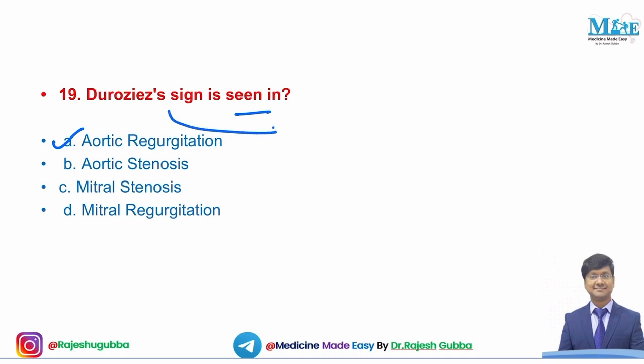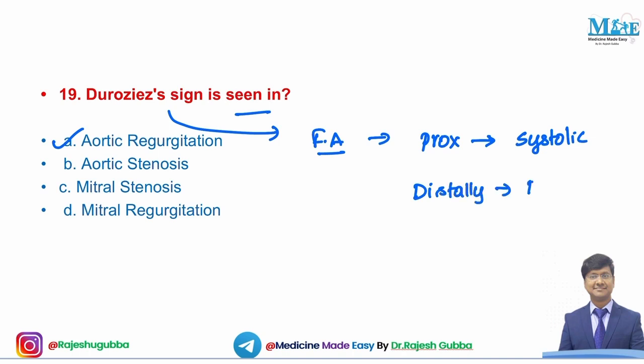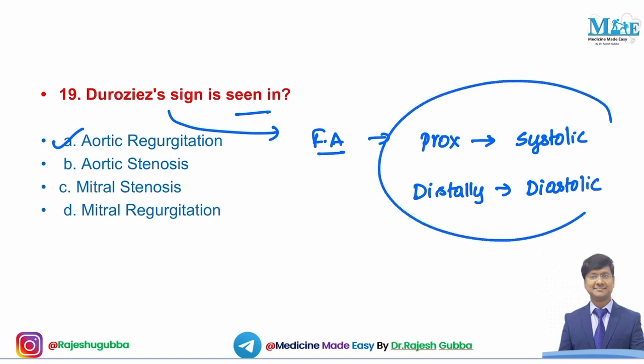What you need to do is place the stethoscope over the femoral artery, and when you compress the artery proximally, then you listen to a systolic murmur, and when you compress distally, then you will have a diastolic murmur. Okay, so this systolic murmur and diastolic murmur together is what is called the Duroziez's sign.